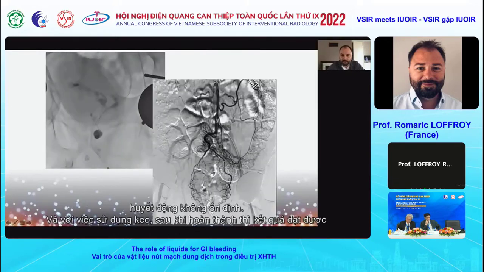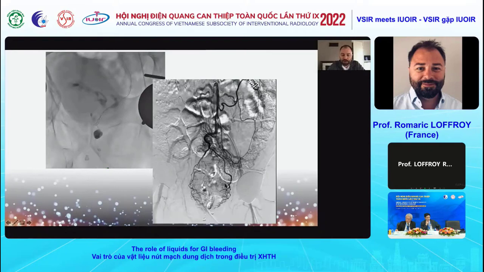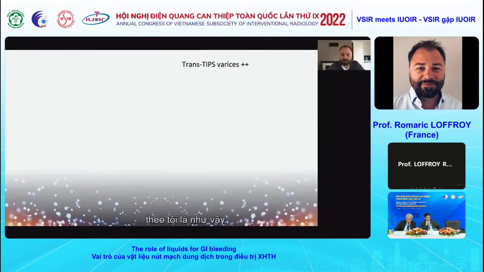And this is the final result with still patency of both superior rectal arteries. This is only a small branch with no risk of ischemic complications, and very interesting liquids for this kind of typical patient, I would say.